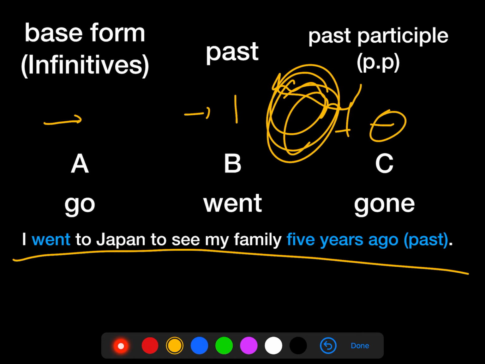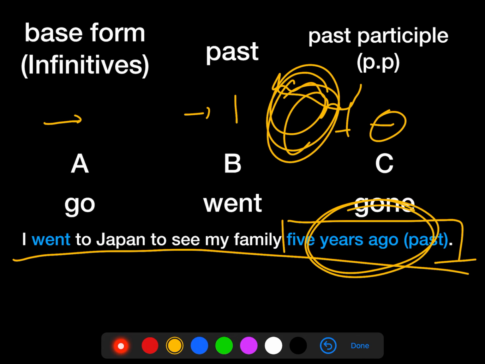I went to Japan to see my family 5 years ago. Which thing tells you that this sentence is past? Here, 5 years ago. This one tells you that it's past. So we find out that this sentence is a past.